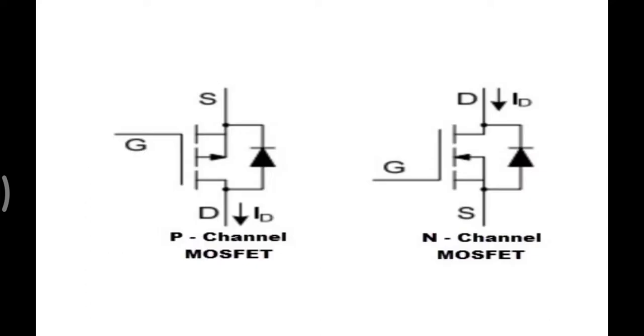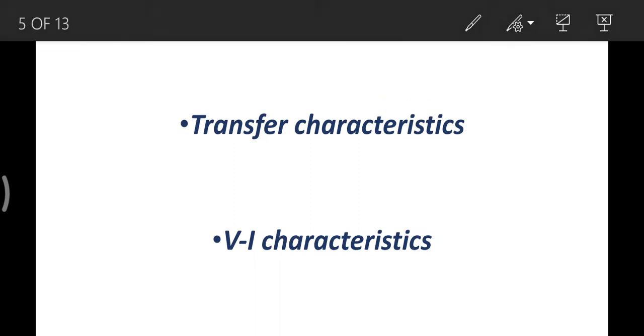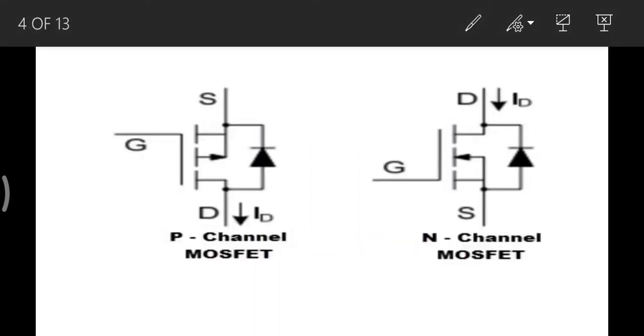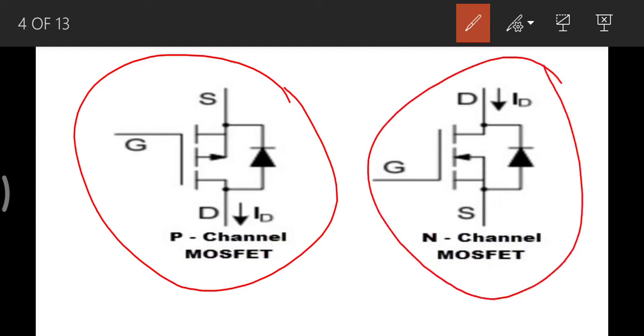Next, see here, these are the symbols of the P channel MOSFET. This is the symbol for the N channel MOSFET. Here we have to identify one thing: the current directions.